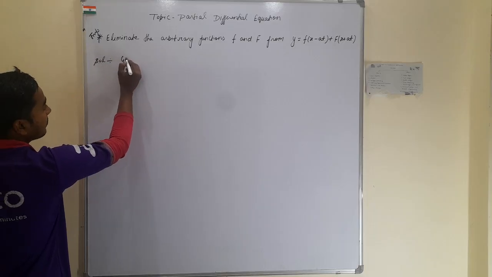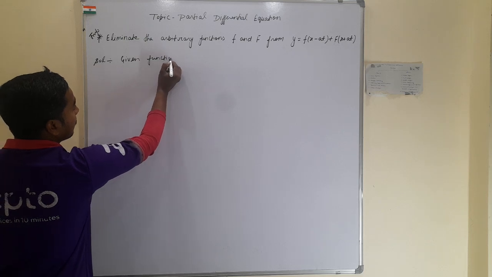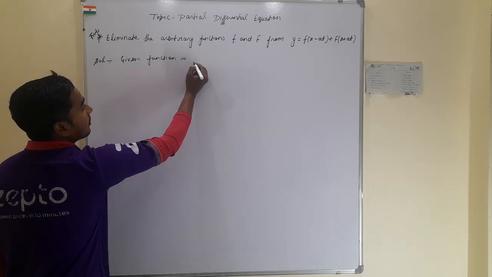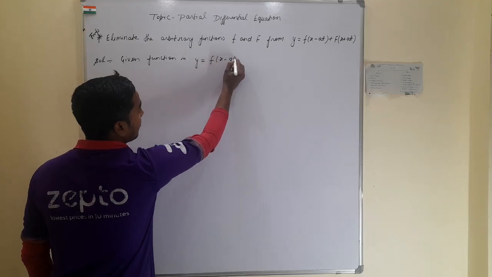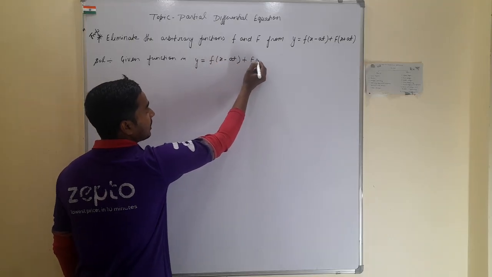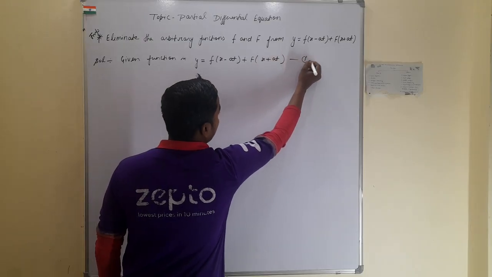The given function is y = f(x − at) + F(x + at). Let this be equation 1.